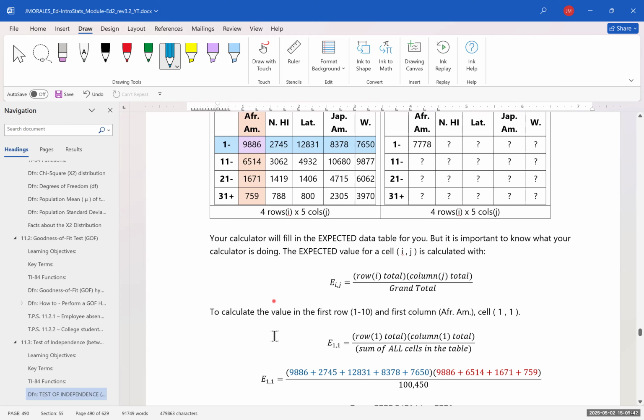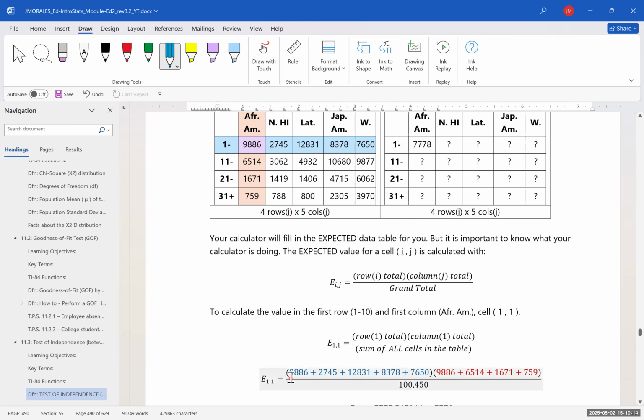So for example, the total in row 1 for this first expected value is 98.86, 27.45, 12.831, 83.78, 76.50. Okay, that's row 1. And that's going to be multiplied by all the values in column 1: 98.86, 65.14, 16.71, and 7.59, all these values down the column.